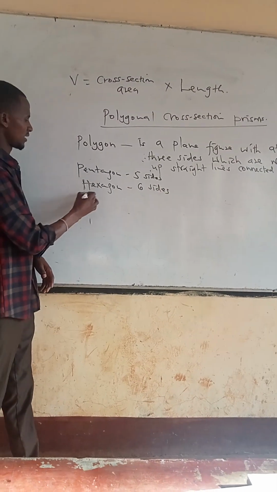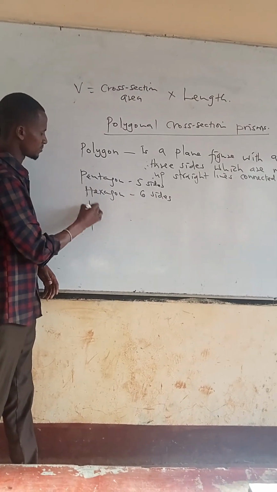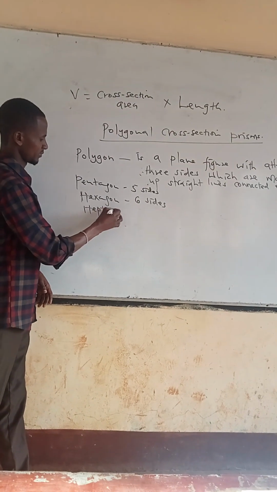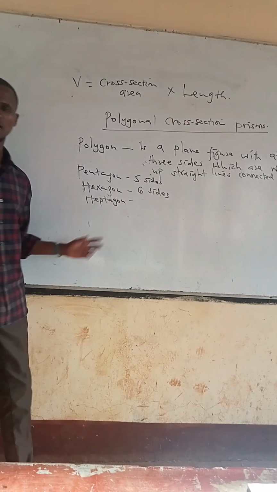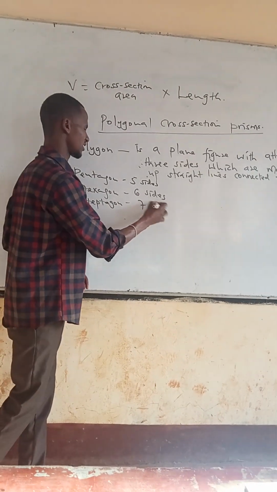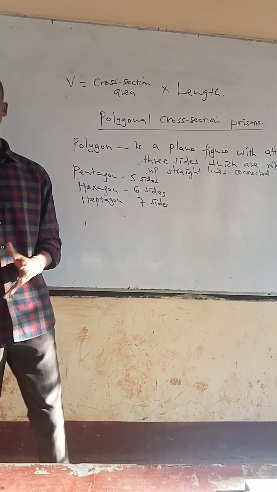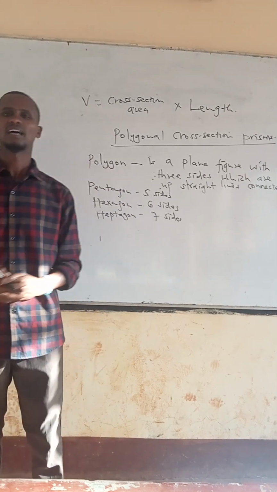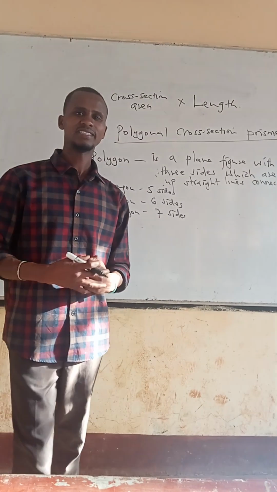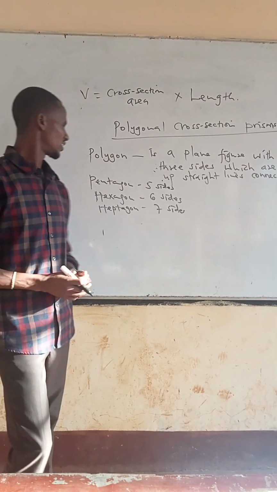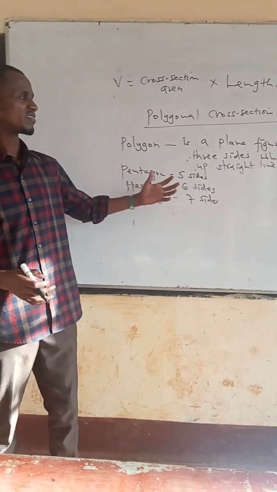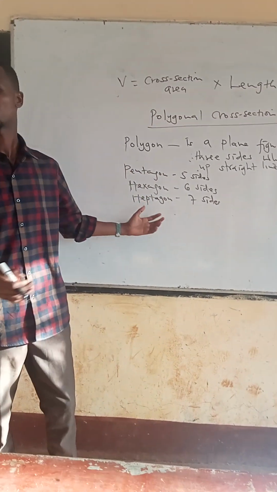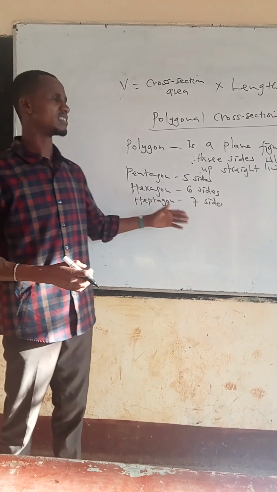We have heptagon, which is a polygon with 7 sides. Another one is octagon, 8 sides, nonagon, 9 sides, and decagon with 10 sides.